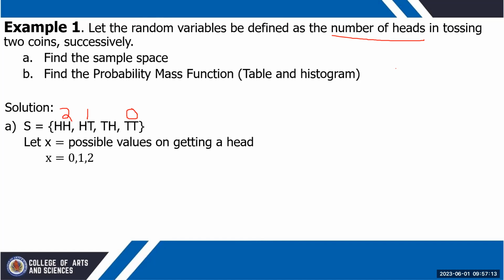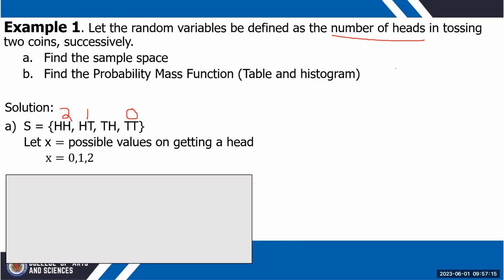Okay? After that, you're gonna get your PMF. So what is your probability of getting 0 heads? So since 0, iisa lang siya, that's 1 over the sample space, so 1/4. Paano naman kapag 1? So probability of getting 1 head. So since meron tayong dalawa, pwedeng HT, pwedeng TH, so that's 2 over the sample space na 4, so that's 1/2.